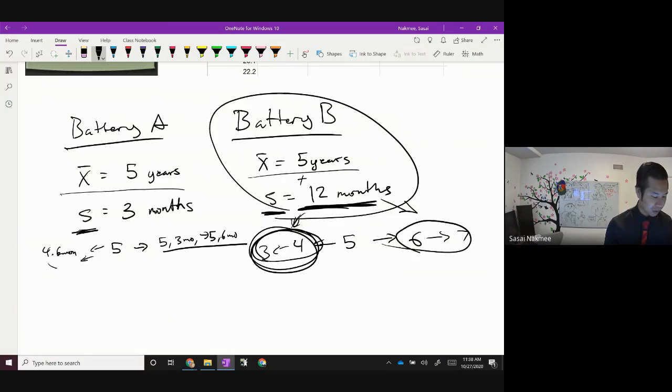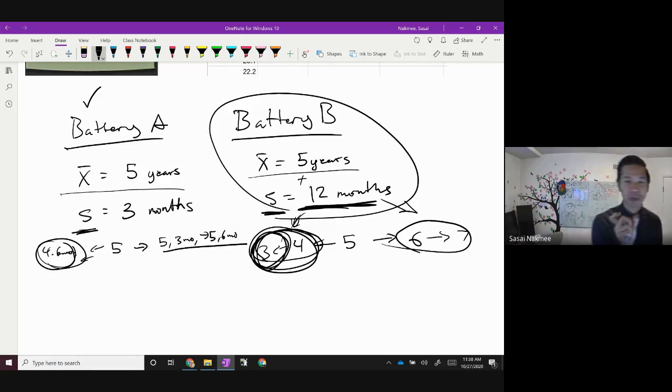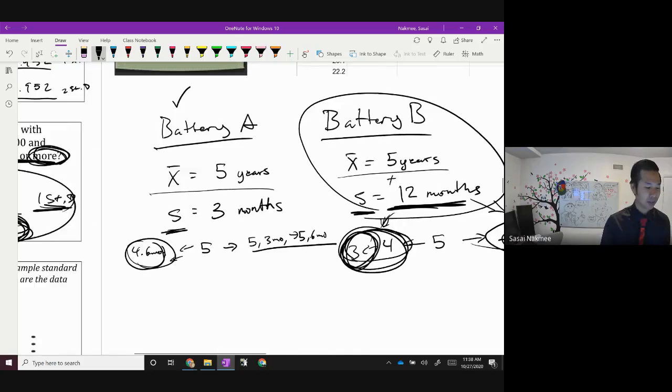This is only going to be 4 years, 4 years and 6 months. It won't be as much as 3 years, right? So battery A would actually be the better one. It's more reliable, smaller standard deviation, right? More reliable values for that one.